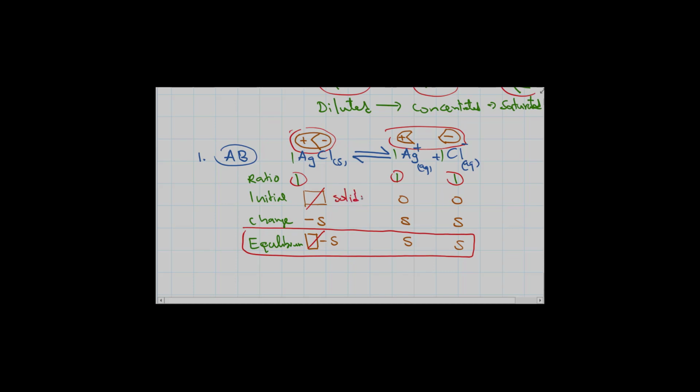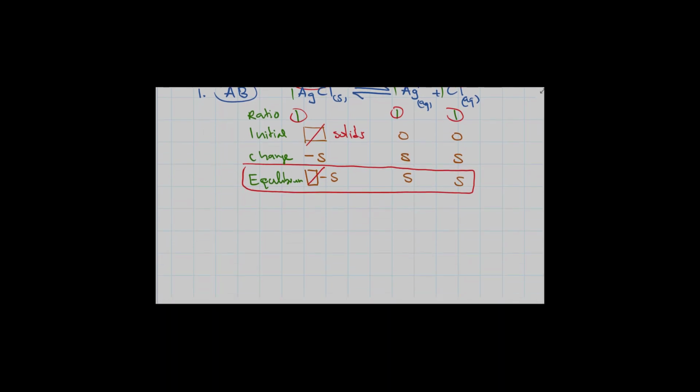The solid doesn't count, so disregard solids, and then minus S goes to S and S at equilibrium. Let's write an equilibrium. Keq is product over reactants, that's what you always do. In this case the reactant is a solid, so we forget about the reactant. Then we can say the constant of the solubility product is the ion products, right?